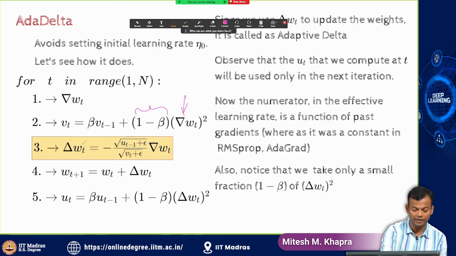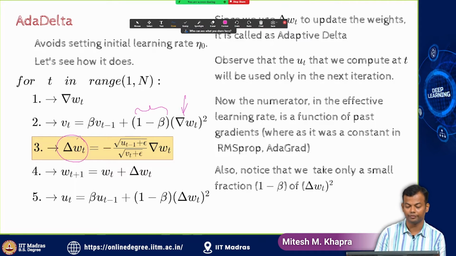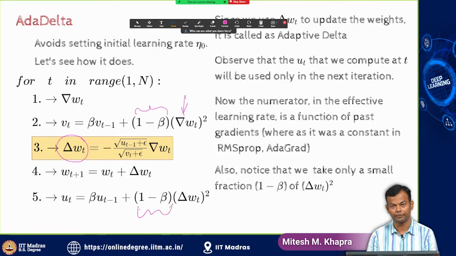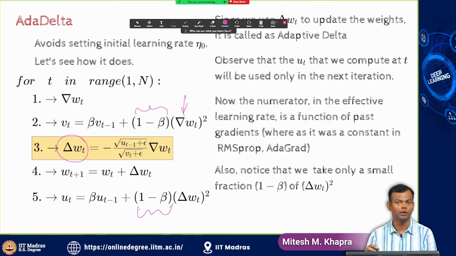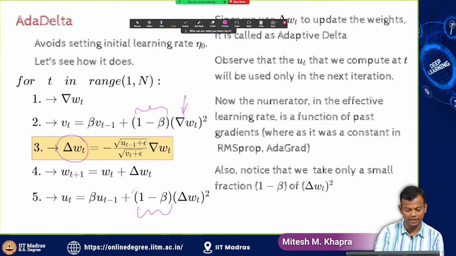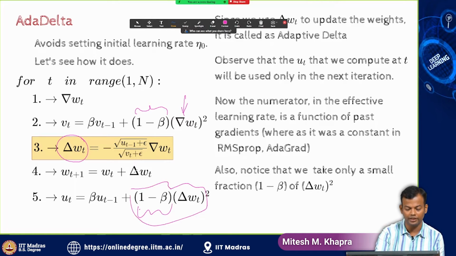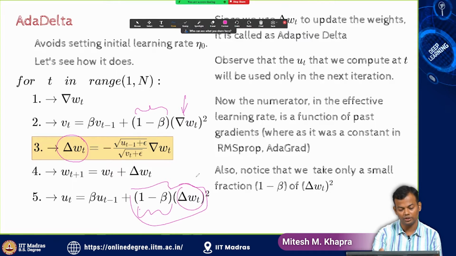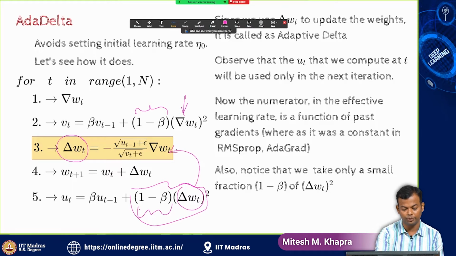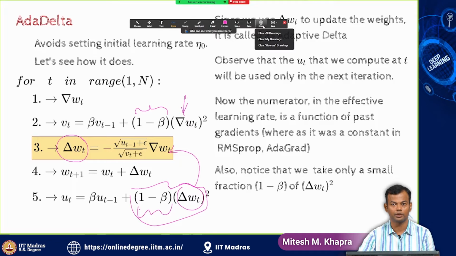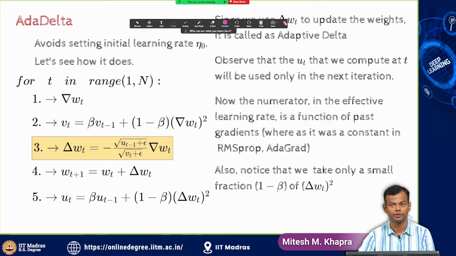And even the update that we have, right, we are only taking a fraction of that when we are looking at ut. Okay, this is something important to note. Why and how this makes a difference is something that we will see, but the main thing to note is that we are only taking a fraction of the update that we have made, and this update that we had made was a function of this delta wt that we had, right, the gradient that we had, okay. So don't worry, we will clear these things up in the next couple of slides.